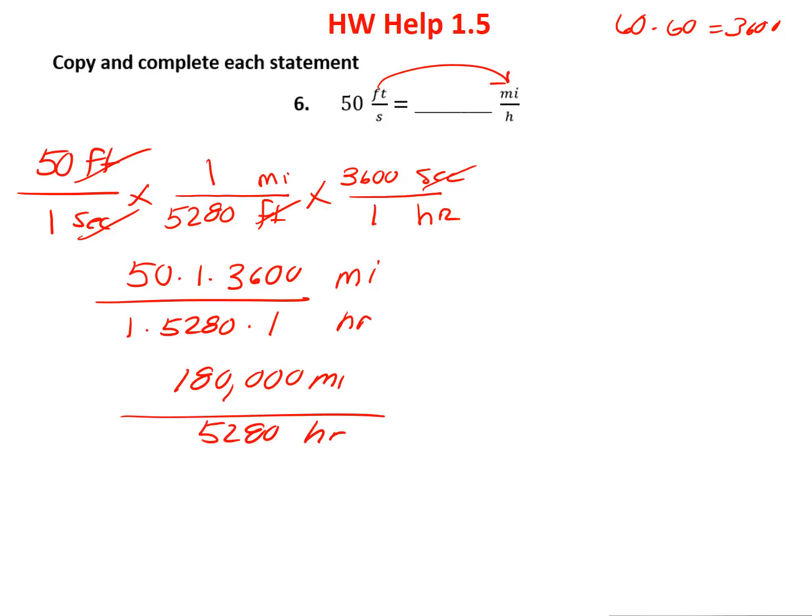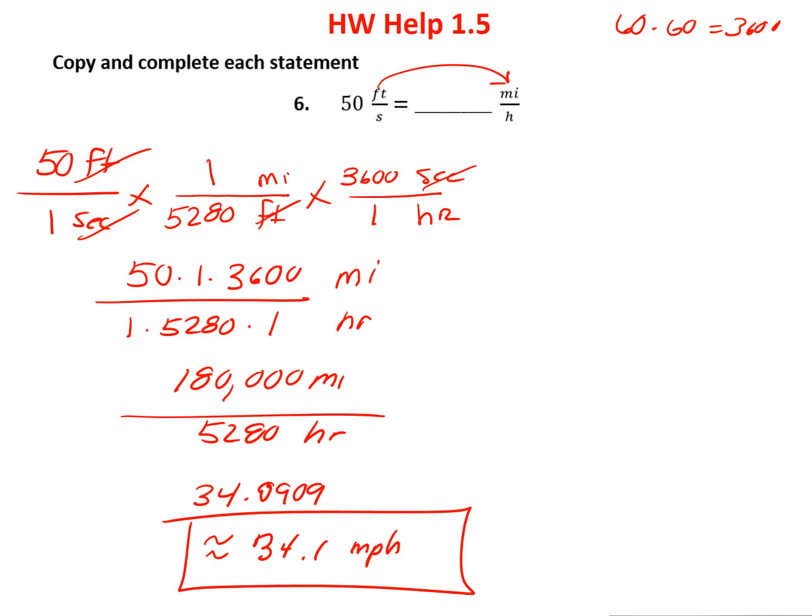So if we divide that accordingly, we find out that that is 34.090909, or about 34.1 miles per hour. Okay? Next problem.